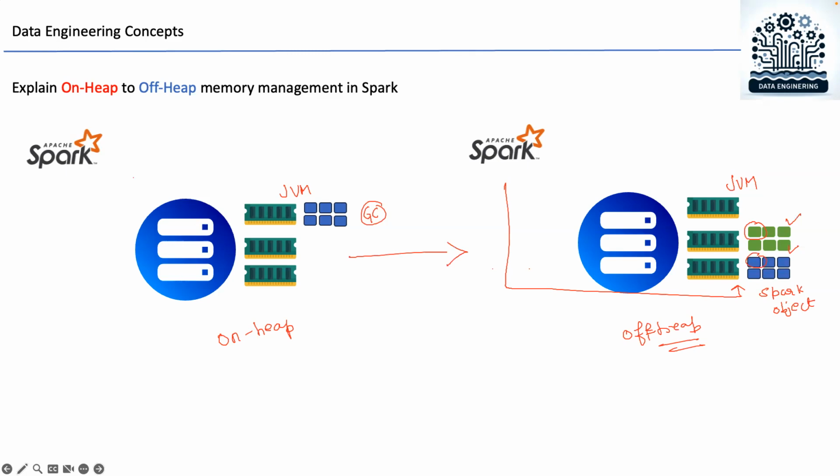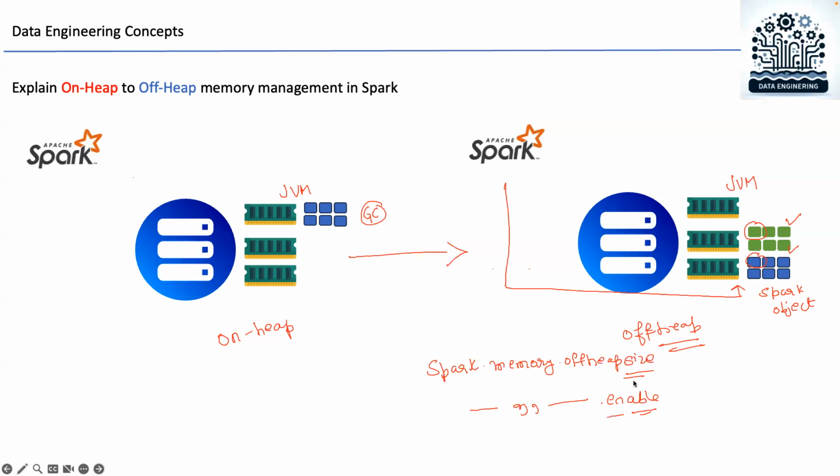To utilize off heap memory, you need to configure some properties that involve setting some Spark parameters, which is spark.memory.offHeap.size that you have to set. There is also spark.memory.offHeap.enabled, which will enable this first, and then you can set the size.